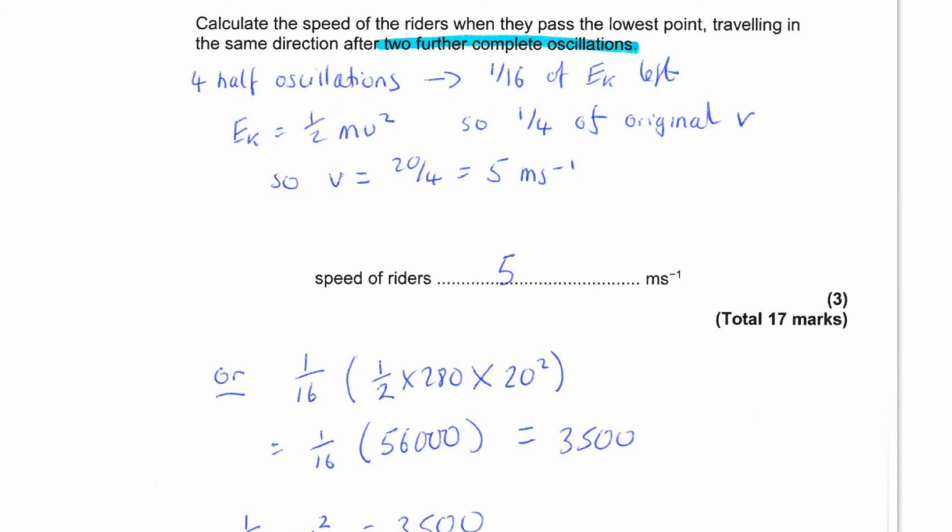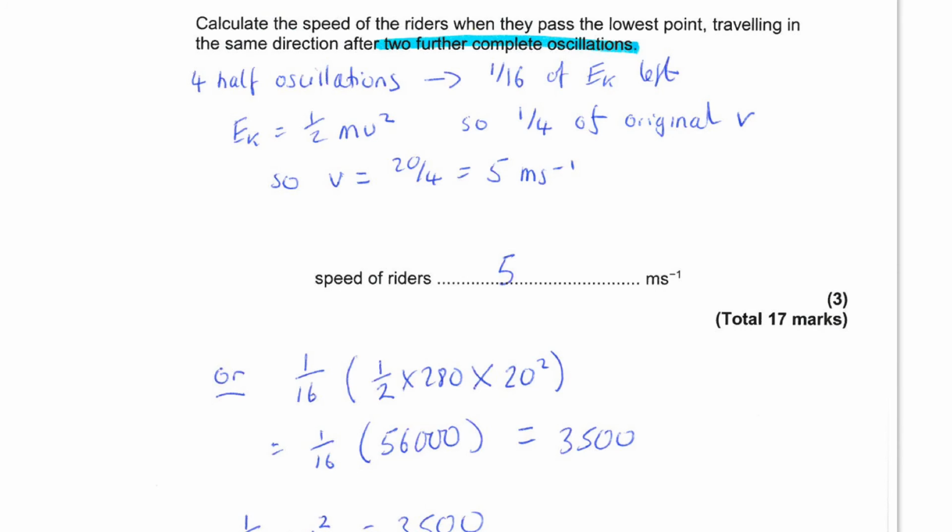Finally, you are told that the riders lose 50% of energy of the oscillation during each half oscillation. After one swing, the speed of the riders passing through the lowest point is 20 metres per second.